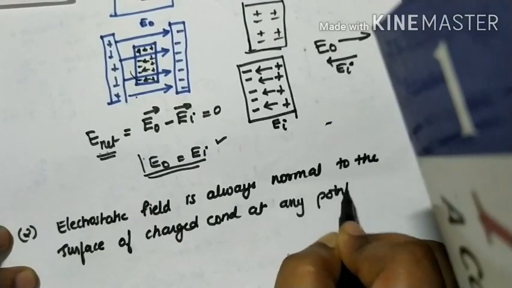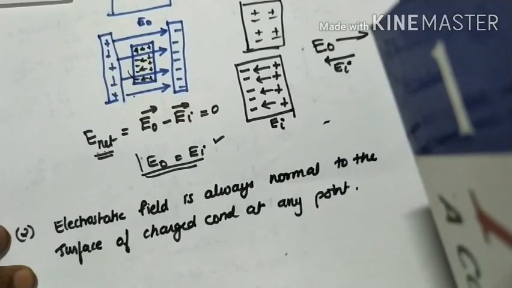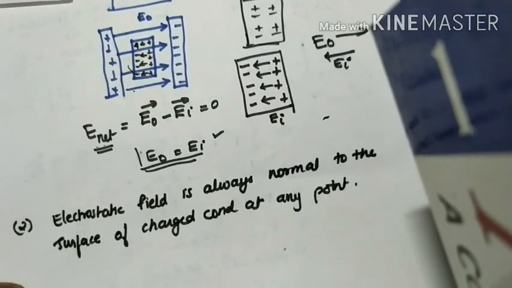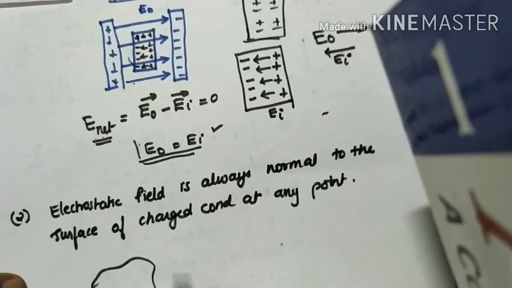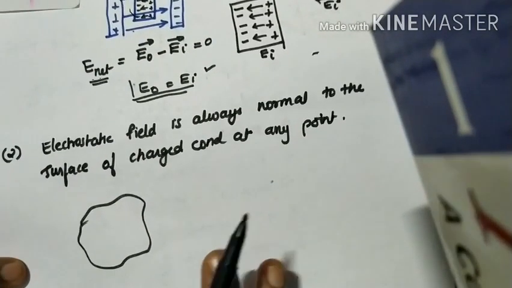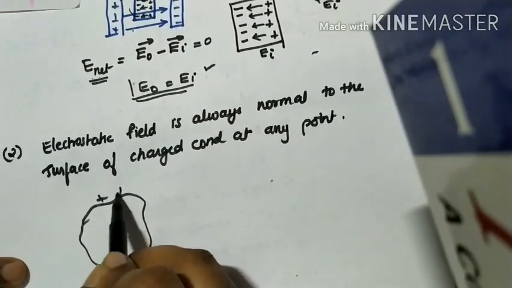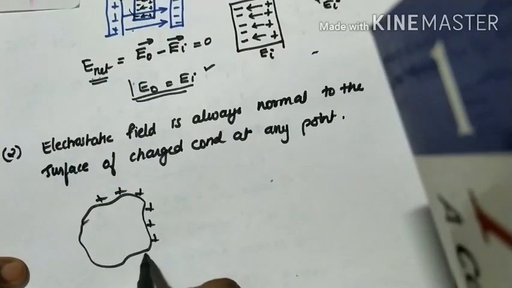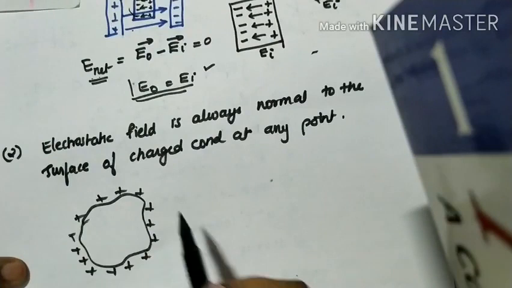I hope you understood it. The thing is, if you consider a surface, and guys, on the surface all the charges will be there. Why it is so, I have told you guys, but I will repeat it again also. That is, on the surface.